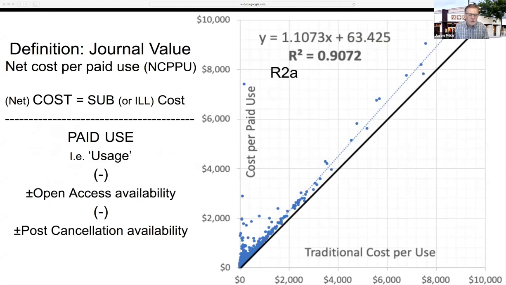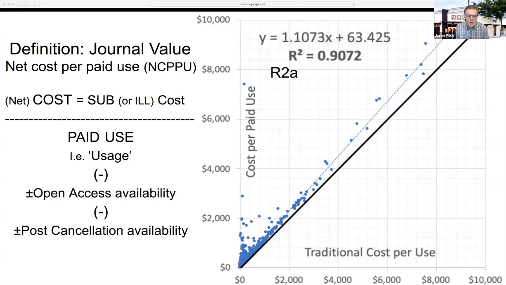Next, we turn to Unsub's definition of journal value, which expands on traditional cost per use by removing the usage that's available by open access or post-cancellation rights from the cost per use denominator.